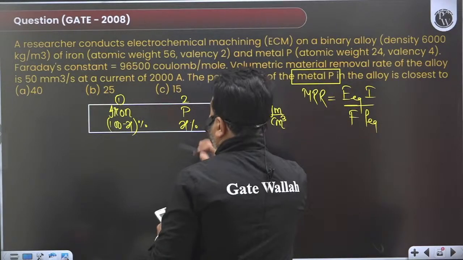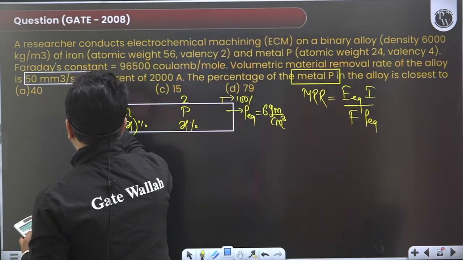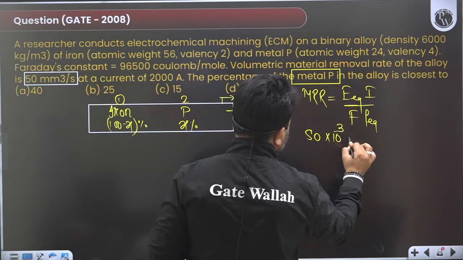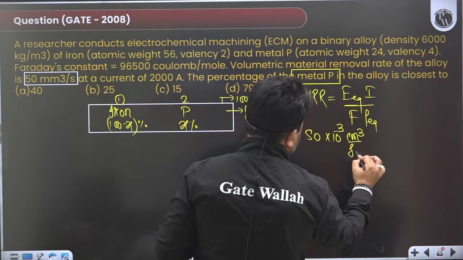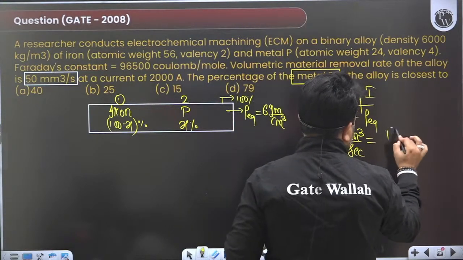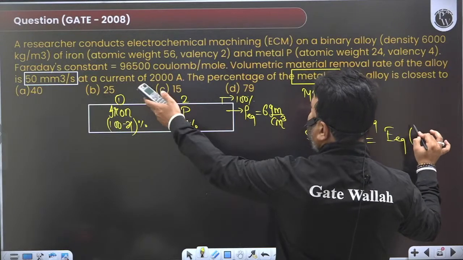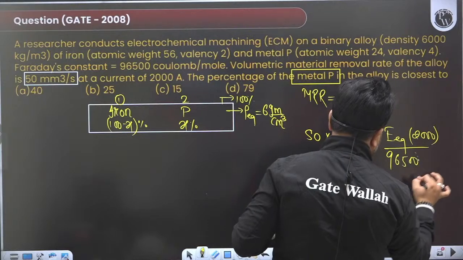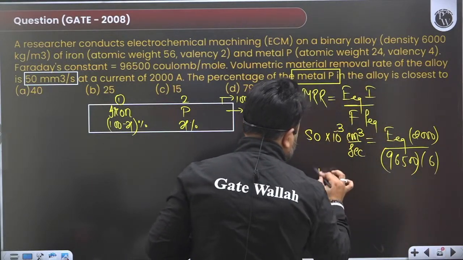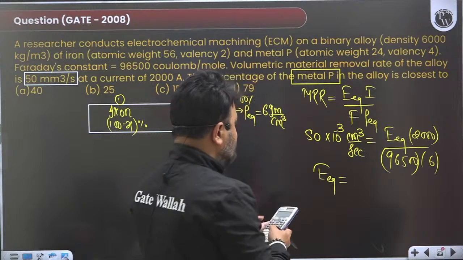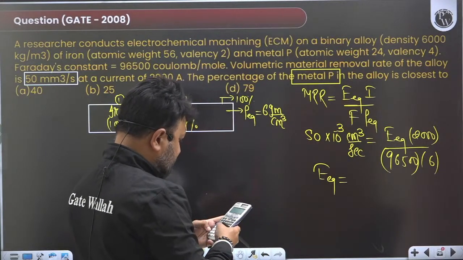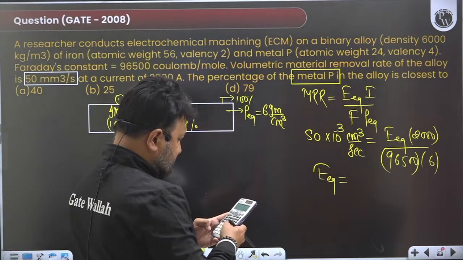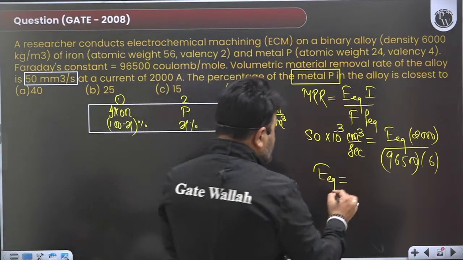MRR is 50 mm cube per second, so 50 into 10 to the power minus 3 centimeter cube per second equals E equivalent into I, that is 2000, divided by 96500 into rho, that is 6. So from here we will get the equivalent: 50 into 10 to the power minus 3 multiply 96500 into 6, answer divided by 2000.